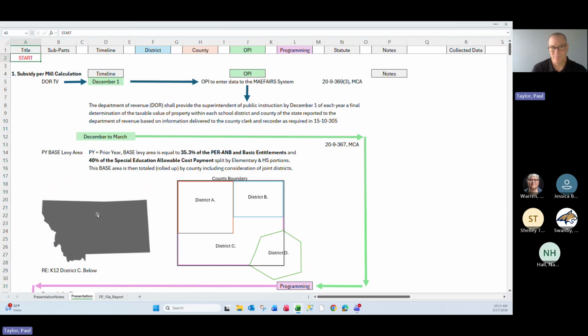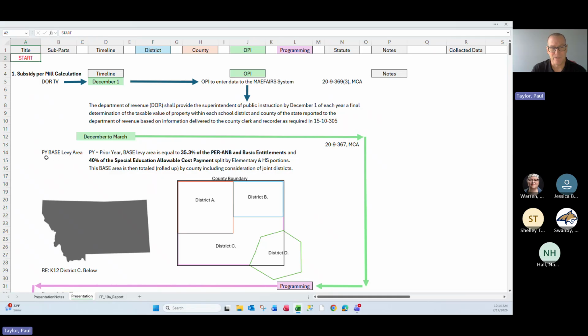So that's one part. The second part we need is somewhere between beginning in December through March. We have to produce the subsidy per mill calculation, and it uses both of these two pieces. So let's talk about this second piece here.